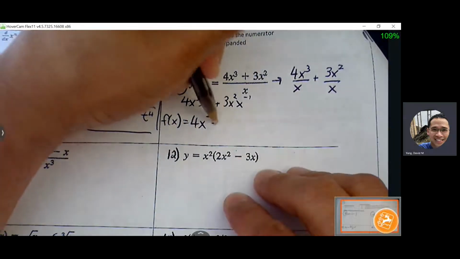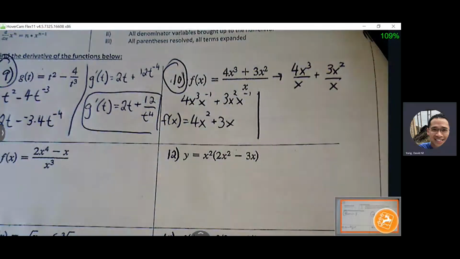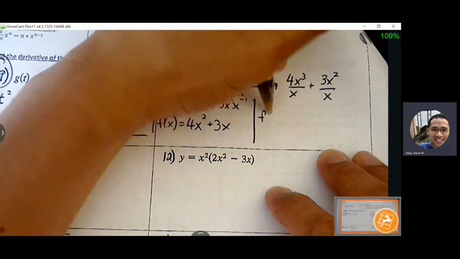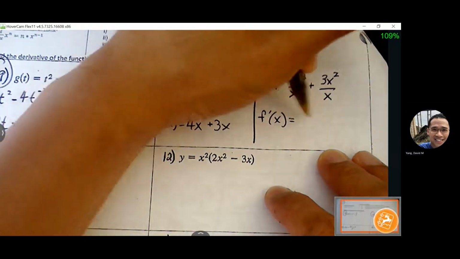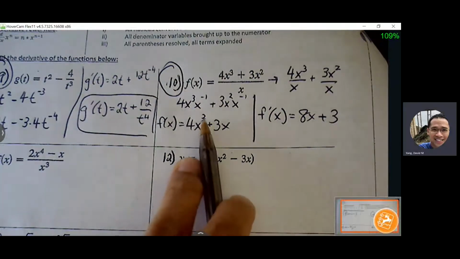2 minus 1 is 1. Now that we have each of the terms separated with no division, with no variable in the denominator, it passes all 3 conditions. We know we can find our derivative with no issue. So notice that every degree is going to drop by 1.